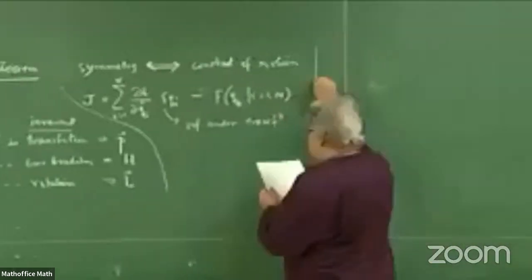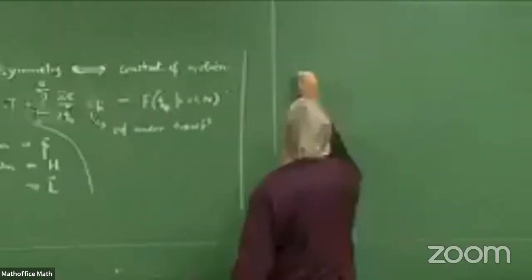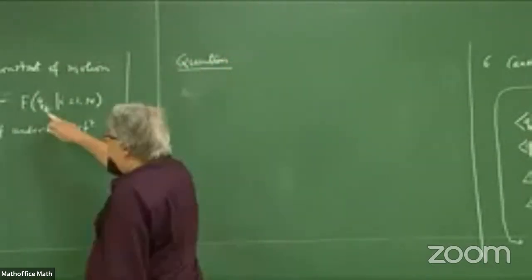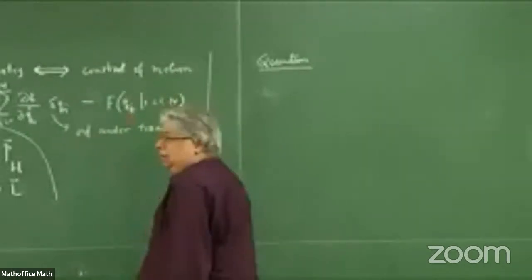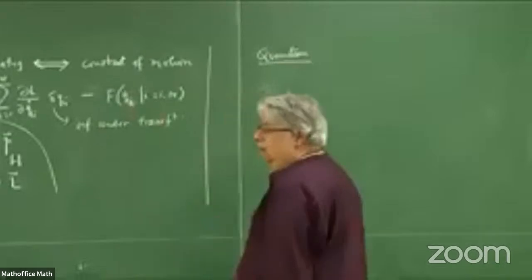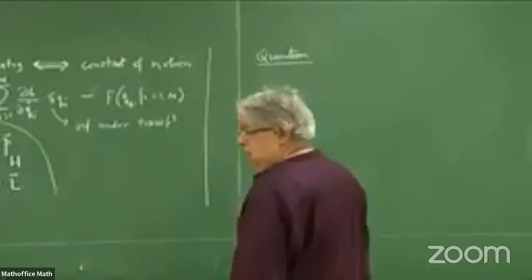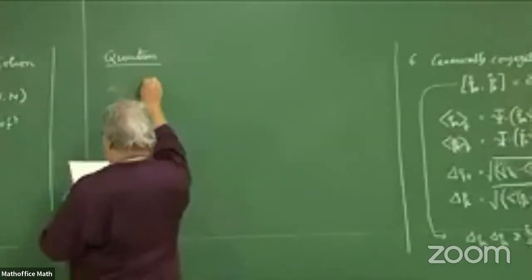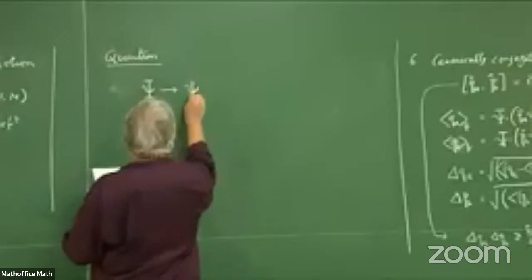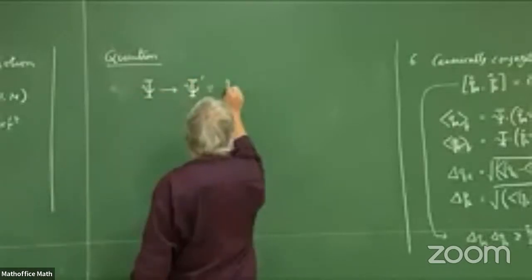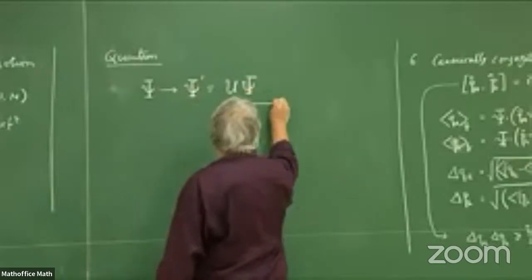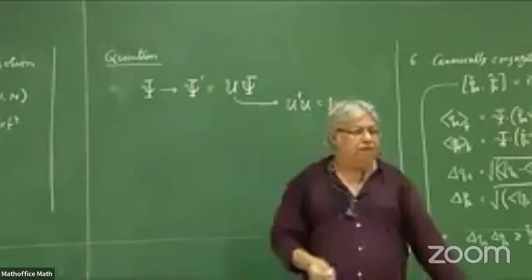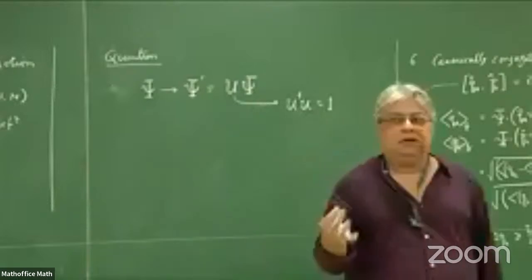So when we go to quantum space, what is the corresponding transformation? This is some function which can be calculated. This is classical. So I have a phase function. When you go from one state to a different state, you need a unitary transformation.